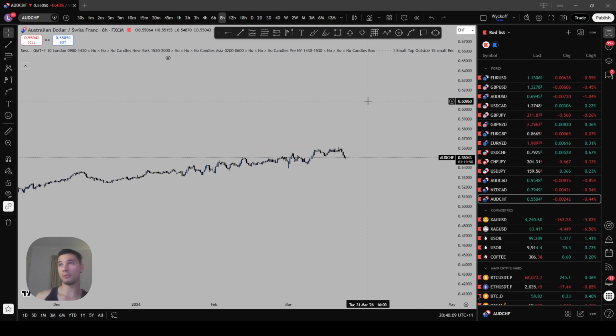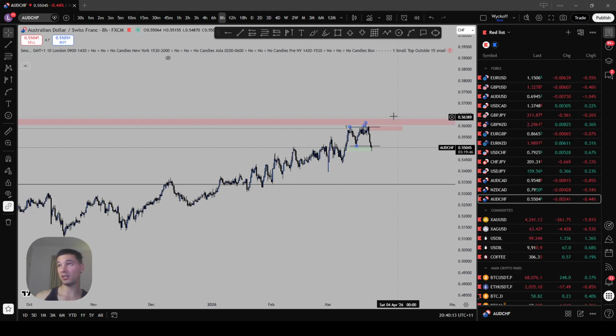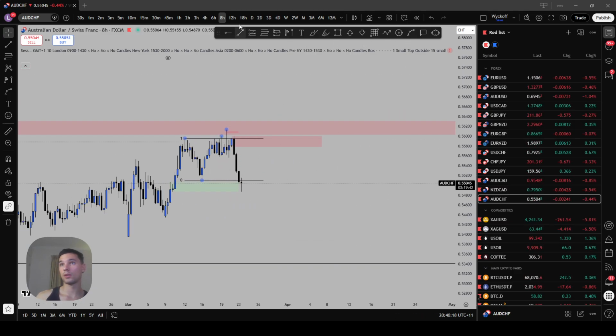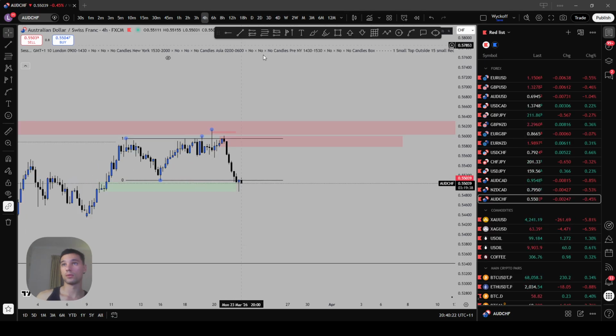You can expect this pair to go lower. And this distribution is just what we need to expect it to go lower. You know what? I'm actually going to redraw this.